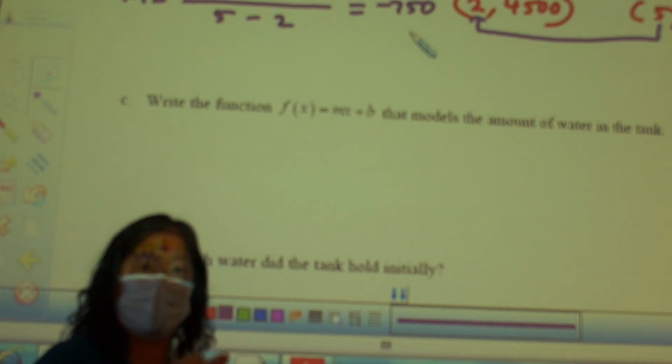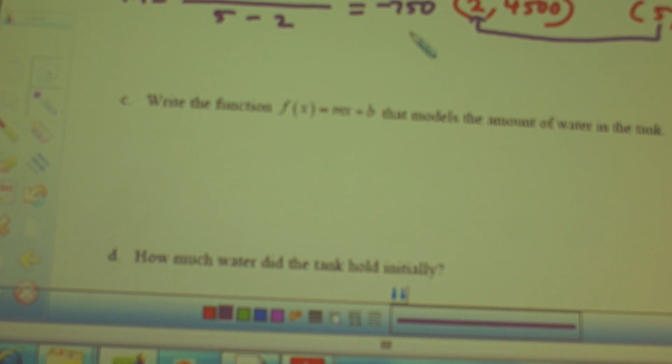Gallons. Everybody on board? So, this is the interpretation, which everybody messes up on the exam, so don't mess up on the exam. Every hour, we lose 750 gallons.